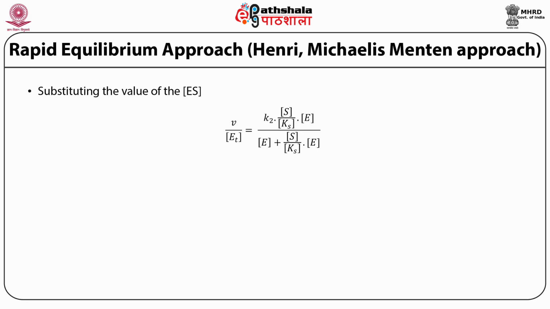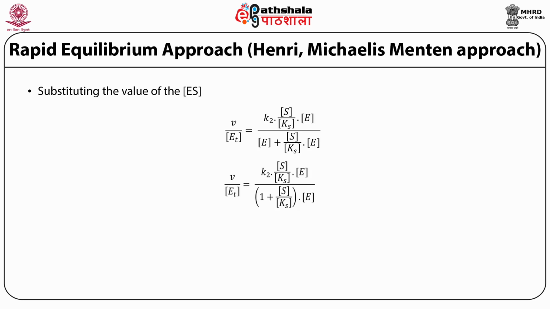So the equation becomes V upon Et is equal to K2 into substrate concentration divided by Ks into free enzyme concentration, overall divided by free enzyme concentration plus ES replaced by substrate concentration divided by Ks into free enzyme. If you solve it, it becomes V upon Et is equal to K2 into substrate concentration divided by Ks into free enzyme concentration divided by 1 plus S upon Ks plus free enzyme.